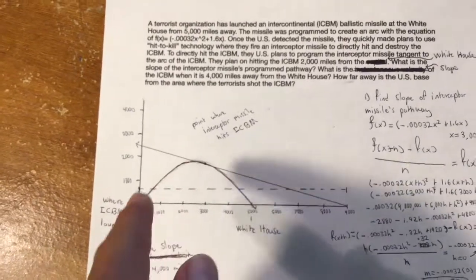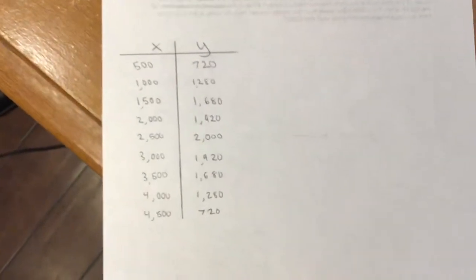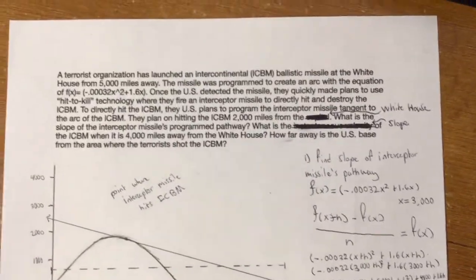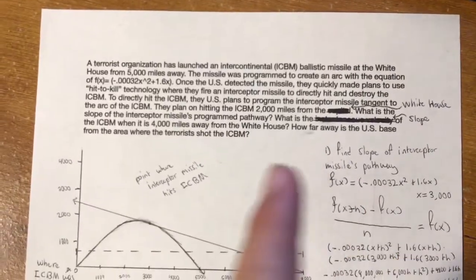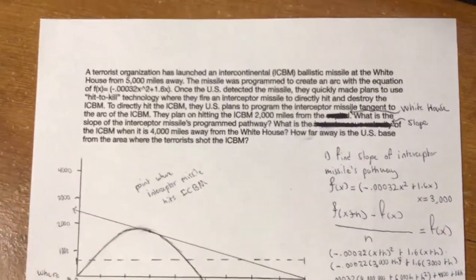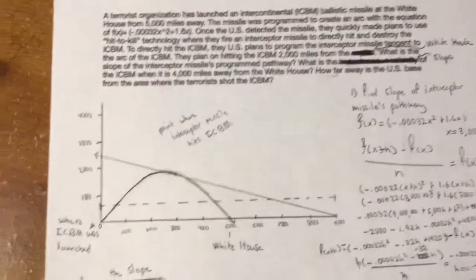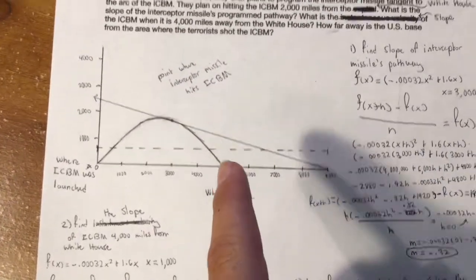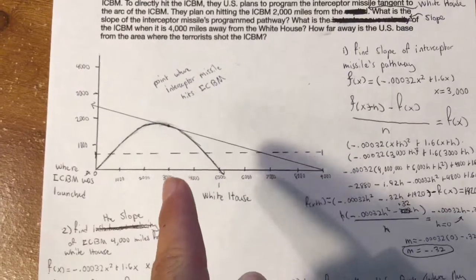I graphed it out and plotted the points using this graph of points. So once I did that, I used it says the plan on hitting the ICBM 2,000 miles from the White House. So that means that 2,000 miles from the White House is going to be 3,000 miles on this graph.